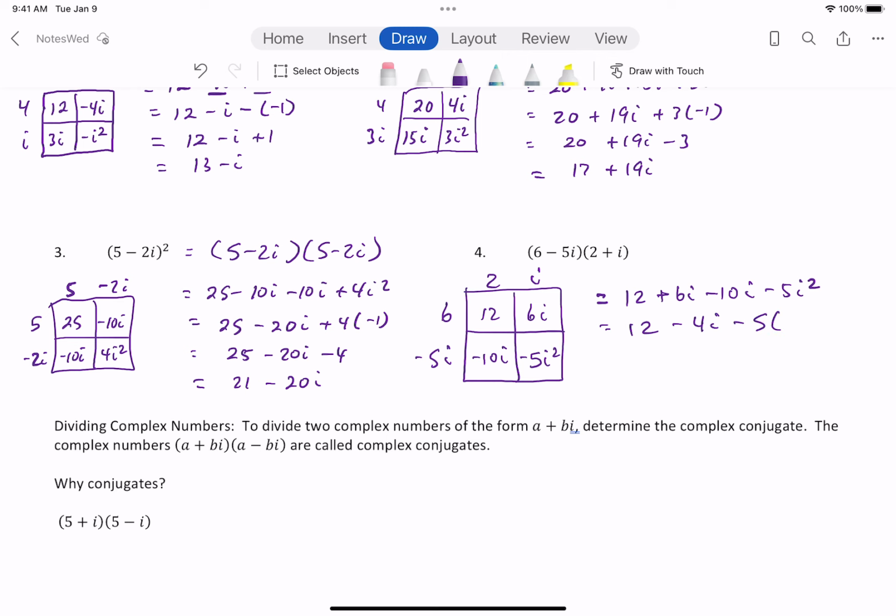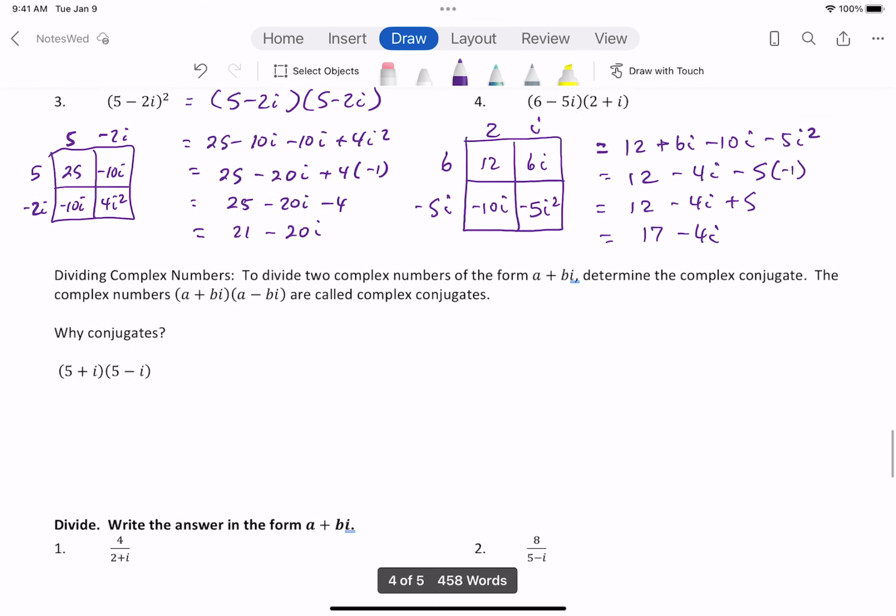I'm going to replace i squared with a negative 1. So this becomes plus 5. And then 12 plus 5 is 17 minus 4i. Alright.